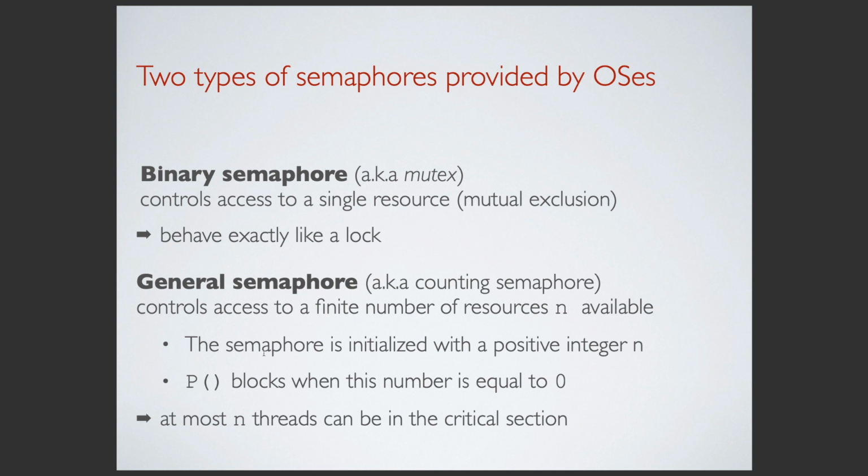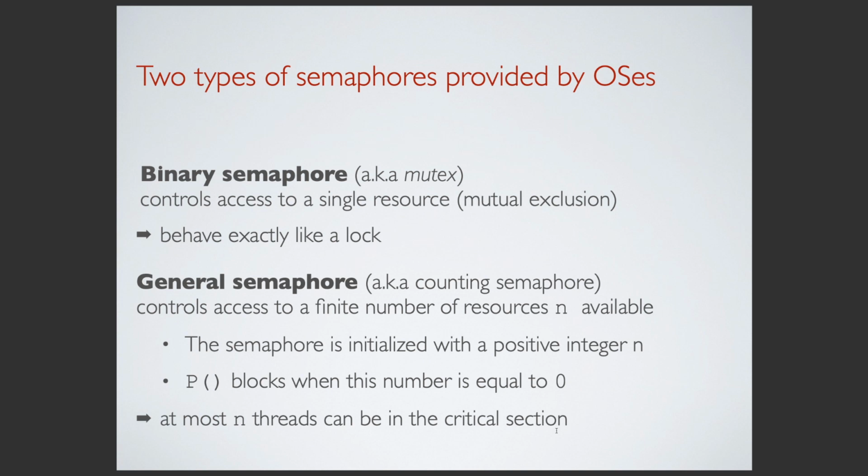So you initialize a semaphore with the integer n, and then every time you do P, you consume one of these tickets. If I start with 5, one process is going to do P, the second one is going to do P, the third one is going to do P. And all of them are going to be able to go into the critical section. But at most n threads are going to be in the critical section, meaning after 5, it's going to wait.